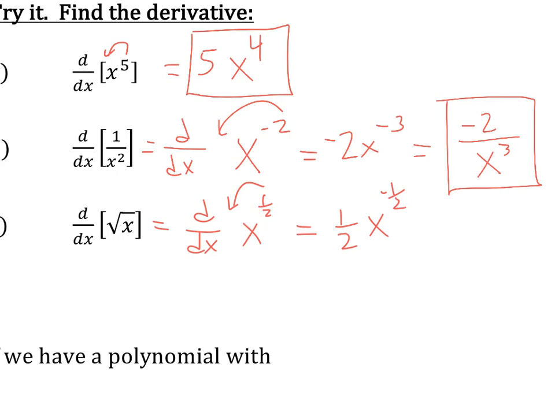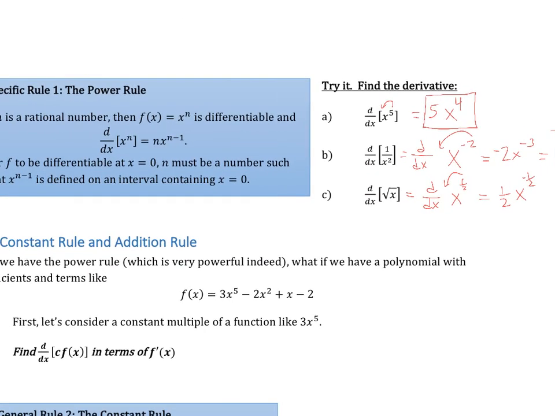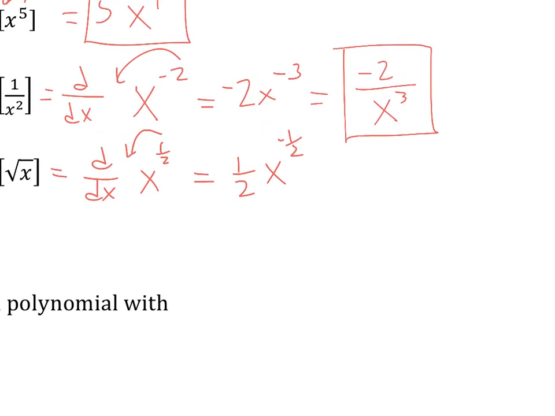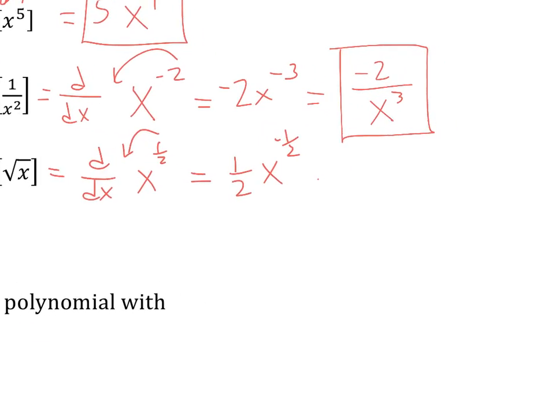So our rule, once again, is we're going to drop the exponent down in front, and we subtract 1 to get our new exponent. And so we want to write this as 1/2 times, well, x to the negative 1/2 is 1 over x to the 1/2. And we might actually want to write that as a square root just to make it a little prettier. This is 1 over 2 times the square root of x.